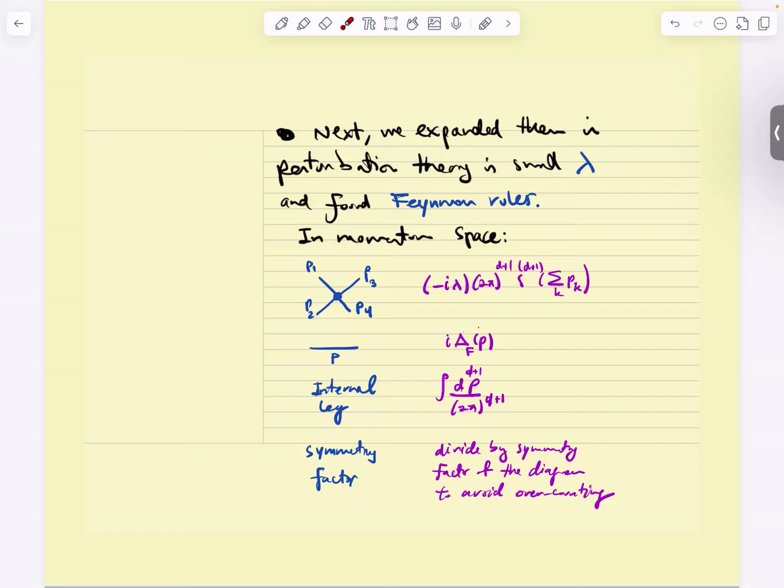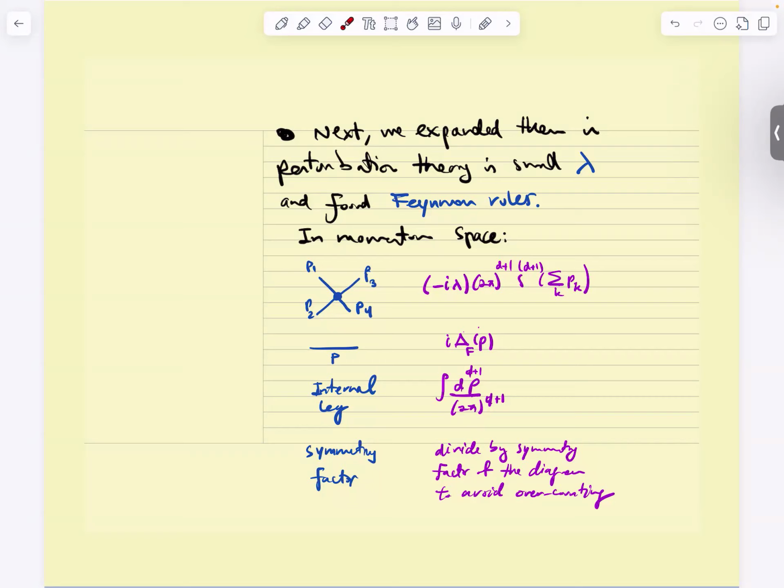Because the idea was that Z of J had to satisfy some differential equation. By taking derivatives, we saw that this implied an infinite set of equations that correlators have to satisfy. As a matter of fact, those equations are equivalent to this. So that is important for the dynamics of the correlators. It's the whole theory. At this level, I'm not even distinguishing dynamics from kinematics. The quantum field theory is correlators. That's what it is.